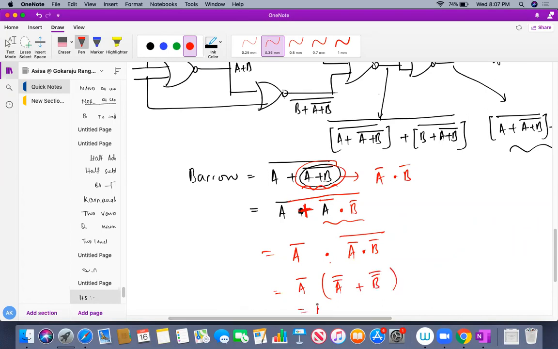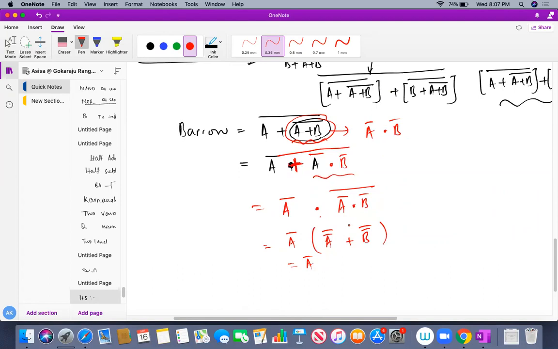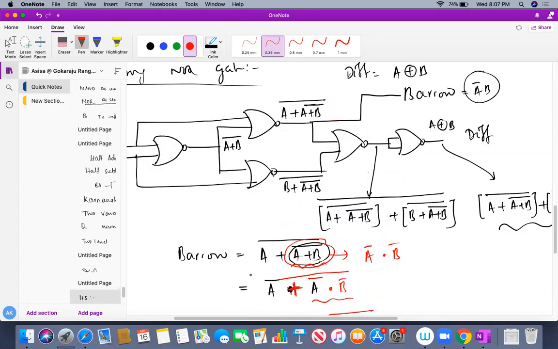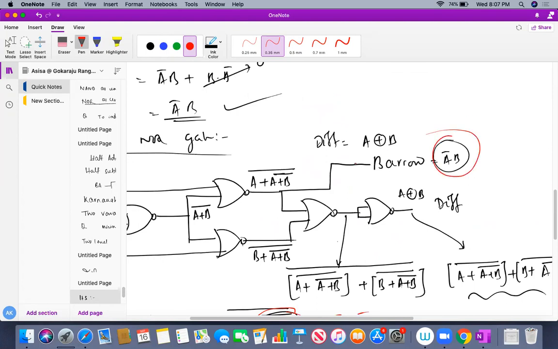Okay, so what will I get? A bars bar is A or B. So finally A bar, if I apply distributive law, A bar B. So A bar is nothing else, 0, 0 or A is nothing else but A bar B. Okay, so finally I got this is the borrow equation. See here, my borrow equation, whatever I am claiming, the same signal is functioning as my borrow function. Okay, do you all understand?